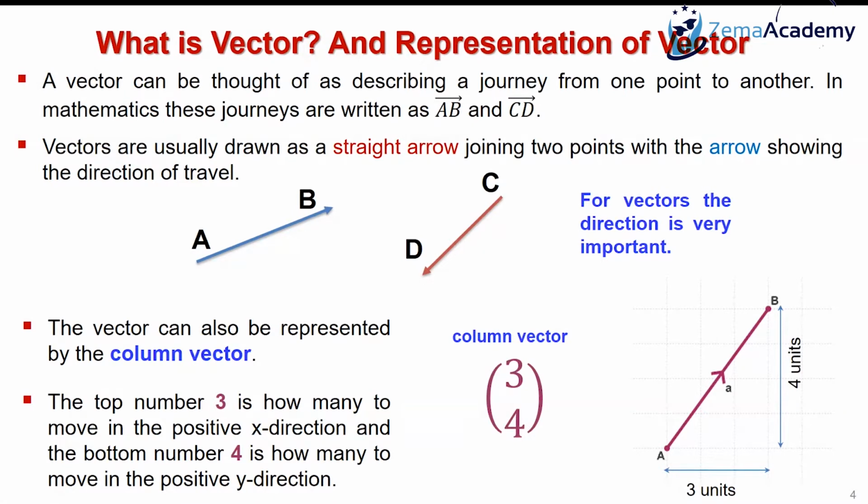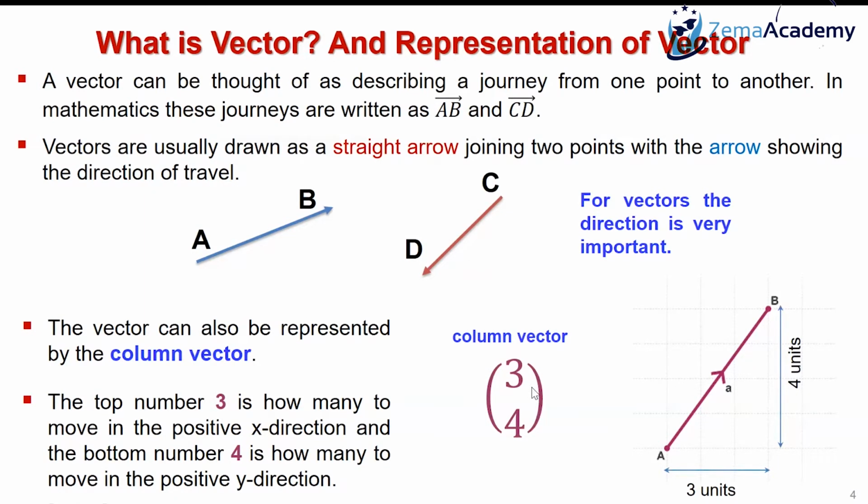So you are saying that the journey between A to B is pointing from point A to B, and how you look at this journey is that first you count the 3 units in the x direction. I'm talking about the column vector. This 3 represents the horizontal axis, 3 units, and then the bottom one in the column vector, 4, represents the unit travel in the y direction.